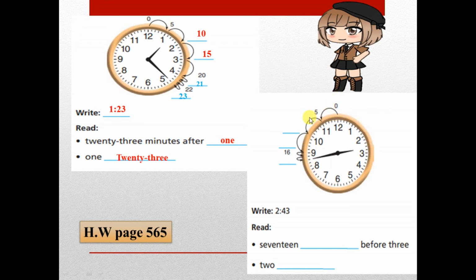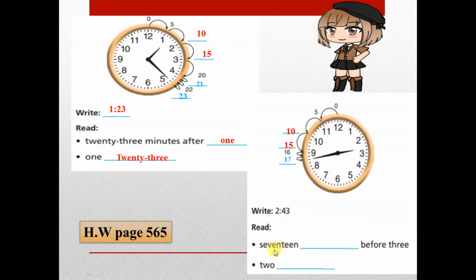all the minutes behind you. So let's count. Every one number is calculated as 5. So this is 5, 10, 15, and after 15 we count small marks as 1, 15, 16, 17.